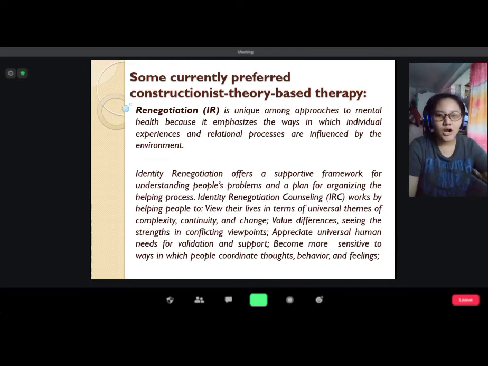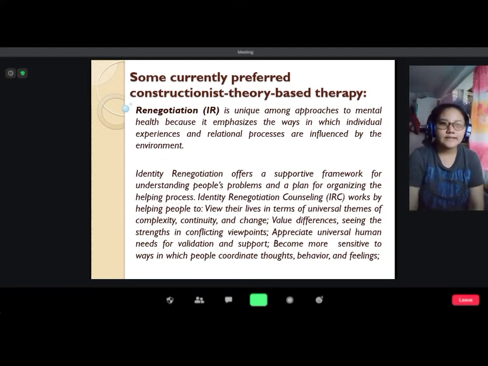Also, with the awareness of social courses, people can replace and modify the identities that threaten their well-being.